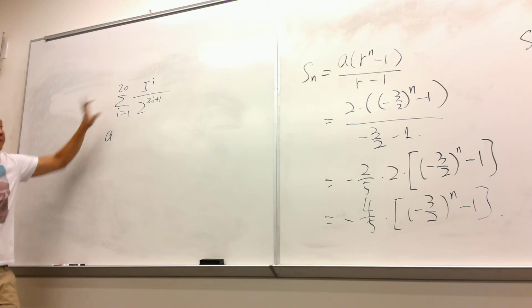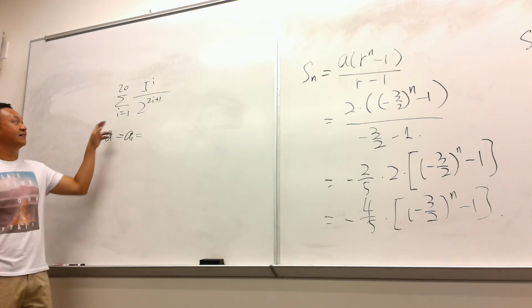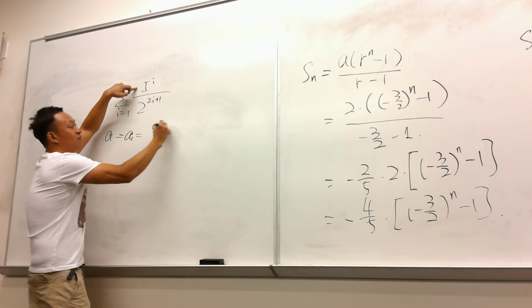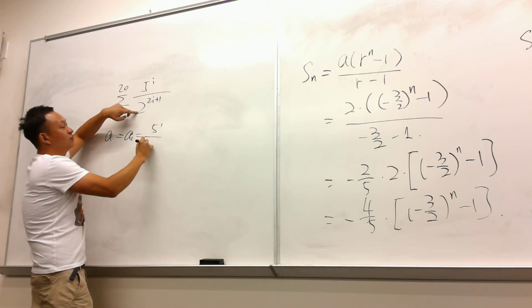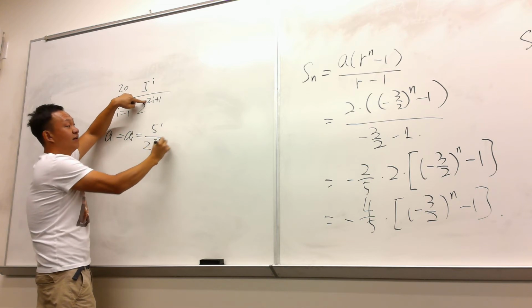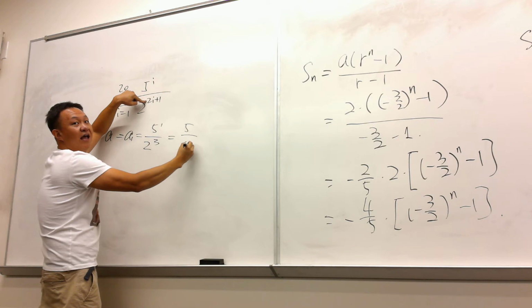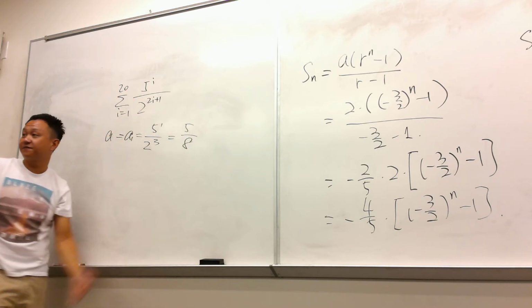First term, A equals A sub 1. You plug in I equals 1, so 5 to the 1 is 5, and then 2 to the what? 2 times 1 is 2, plus 1 is 3. So 5 over 2 to the cube, which is 8. That's the first term.